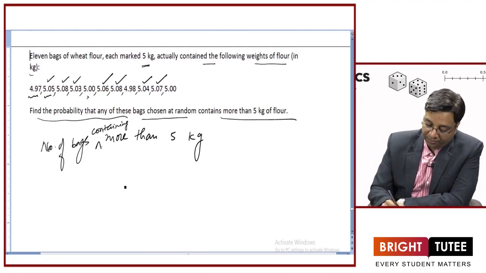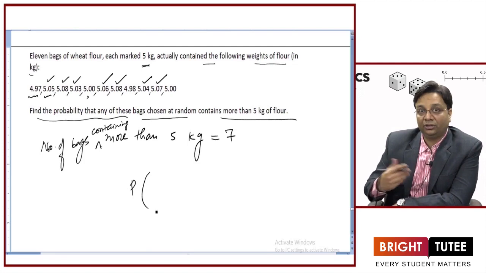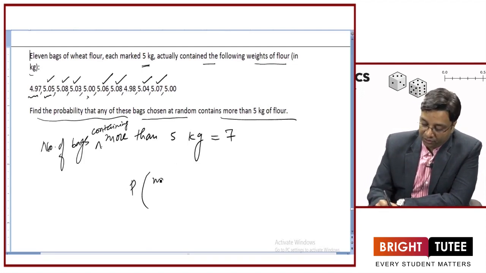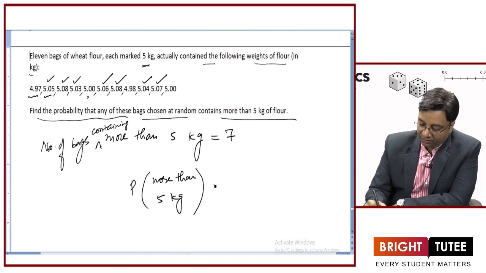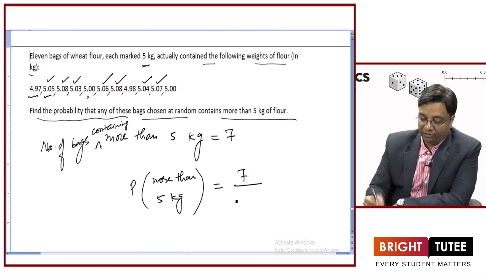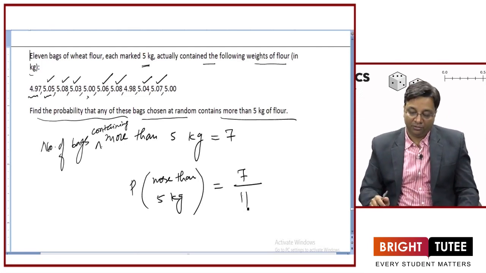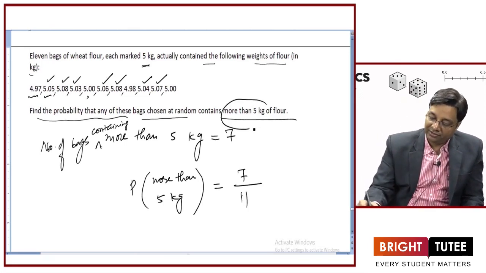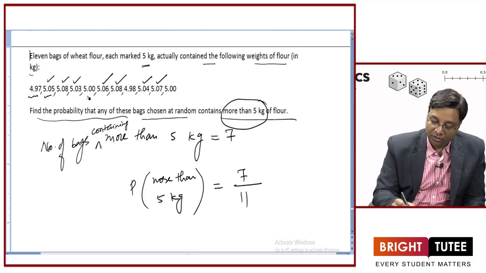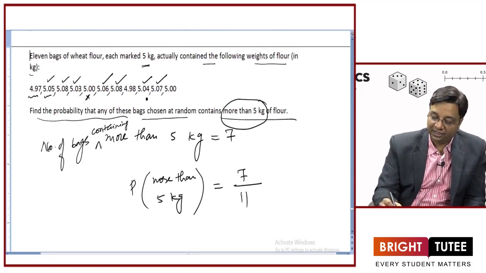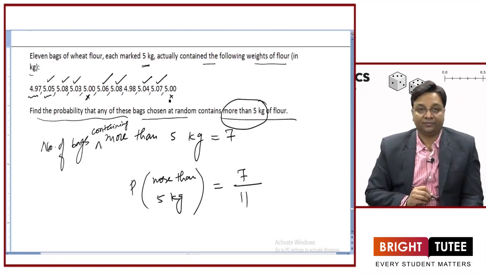So, there are 7 such bags, and the probability that a bag chosen at random will contain more than 5 kg of flour will be equal to 7 divided by the total number of bags, that is 11. So, 7 by 11 will be the probability. When it says more than 5 kg, you should not count this 5 kg here, right?